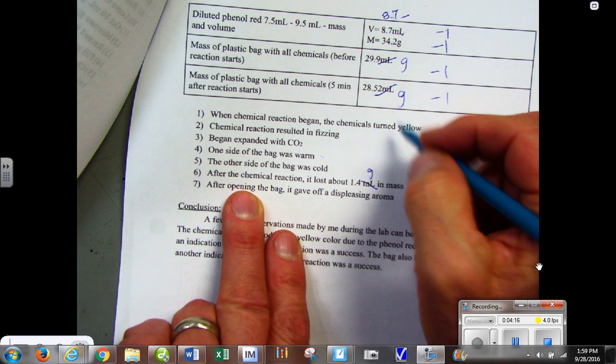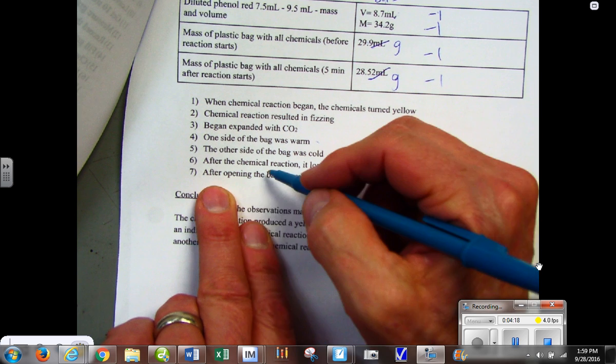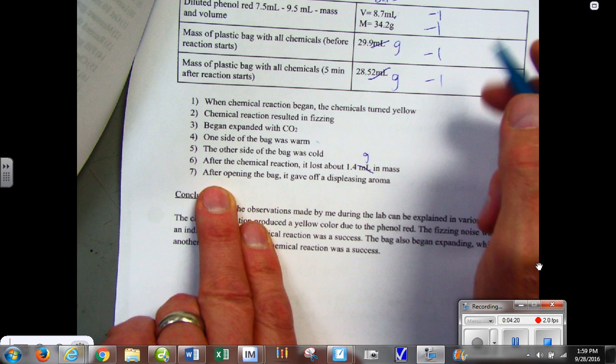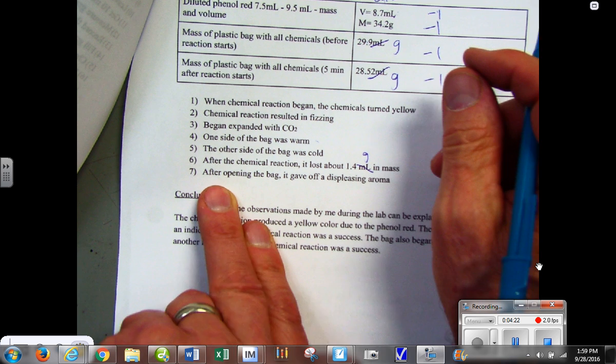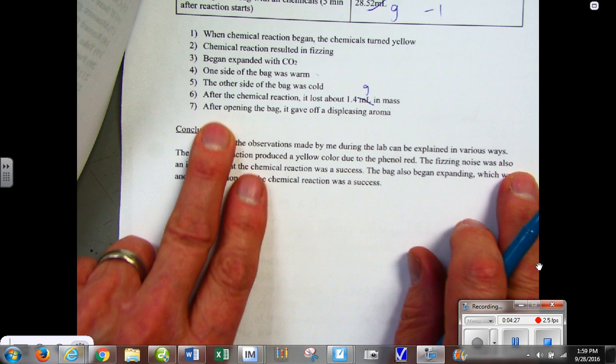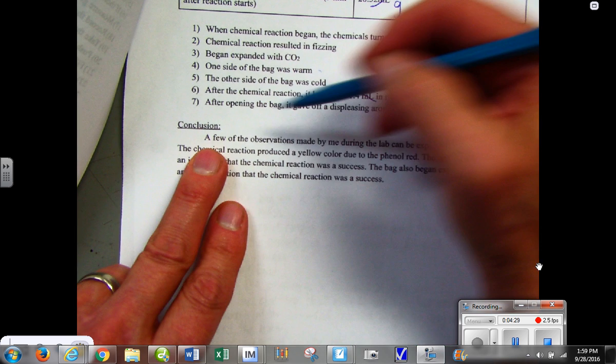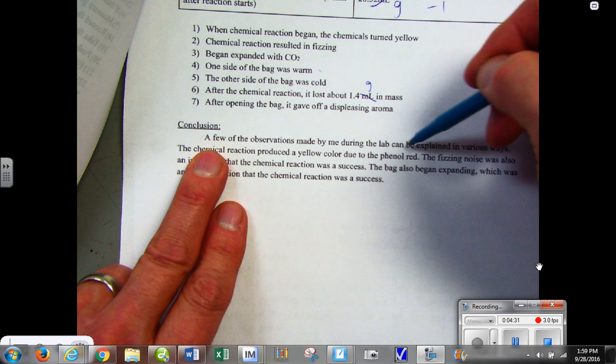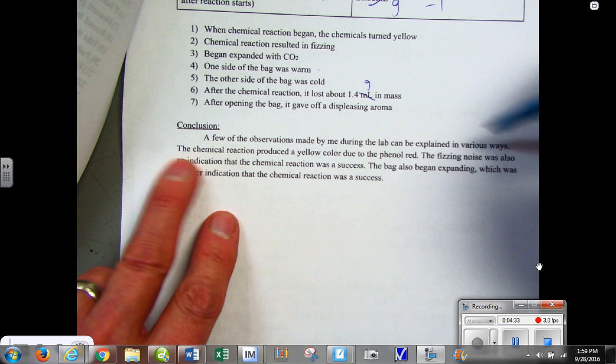Okay, we're talking mass. And after opening the bag, it gave off a displeasing aroma. I would say that's a very correct description. Very displeasing.